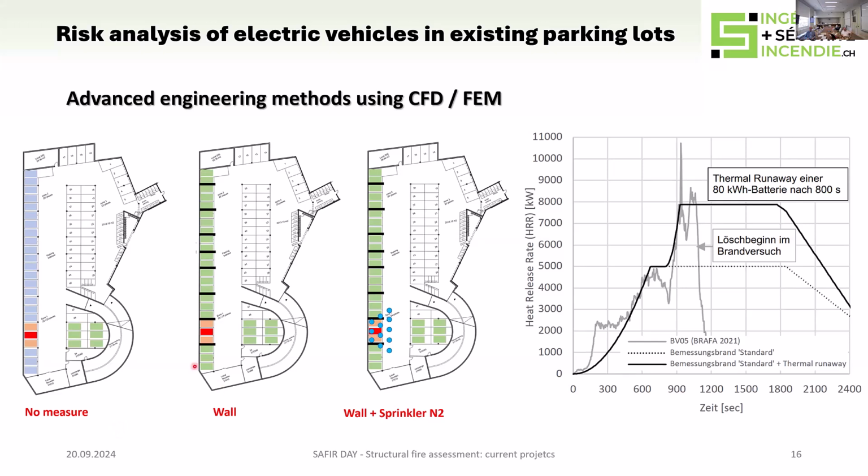And after, the fire spread is a function of the temperatures received by the vehicles. We used an ignition temperature condition of 300 degrees in order to take into account the ignition of the wheels of the vehicles.